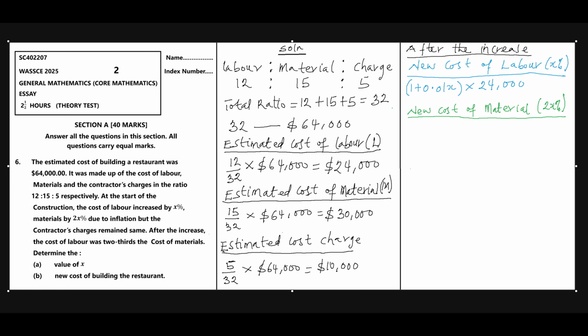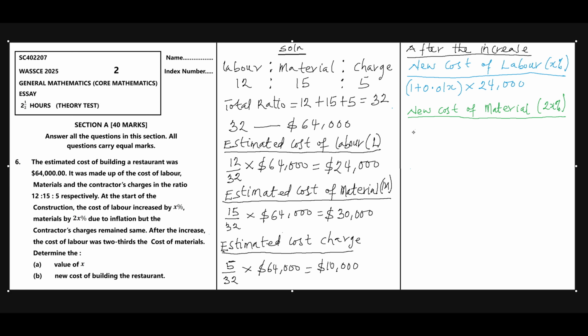We know that in percentages, the initial estimated cost of material was $30,000, so that must go with 100%. This time we have a 2x% increase, so that is 100 plus 2x. If 100% is giving us $30,000, then 100 plus 2x% must also give us a cost in dollars.